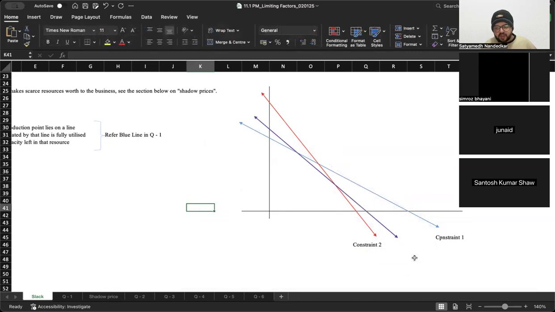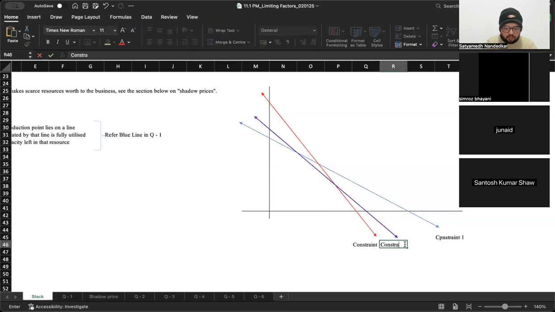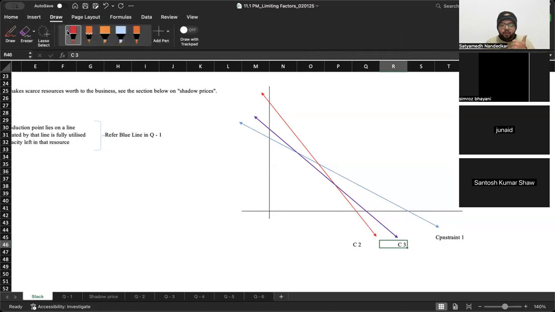Observe this, this is constraint 3. Let me call this C2. Let me call this C3. There isn't enough space. Now if you observe, all these three lines have a less than or equal to constraint. Less than or equal to constraint means whatever is feasible will be on the left side. Now if I were to draw the feasible region, how would I draw it?